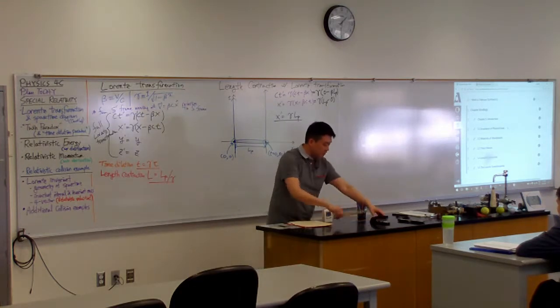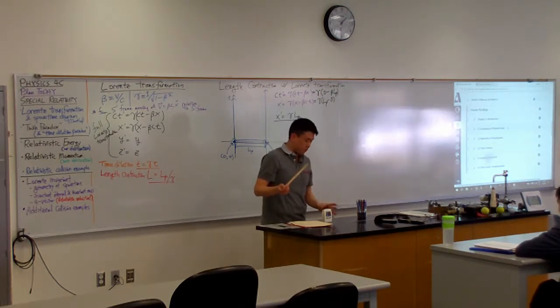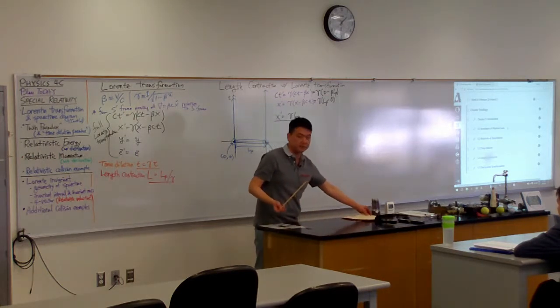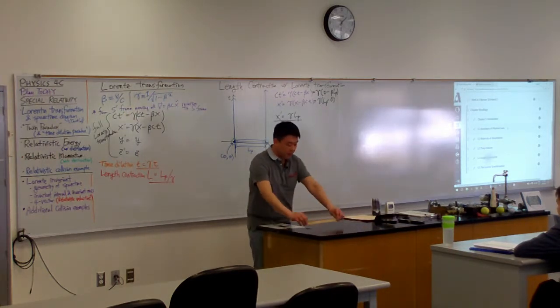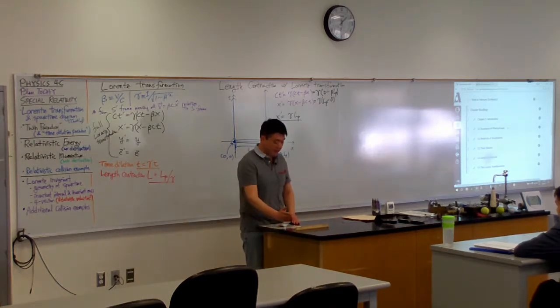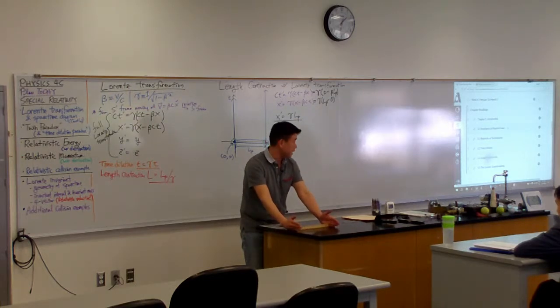Imagine me measuring the length of the ruler. This is a quite common implicit convention that everyone uses without saying it out loud. If I'm going to claim that what I have is the length of the ruler, I better be measuring the two positions simultaneously, at the same time.